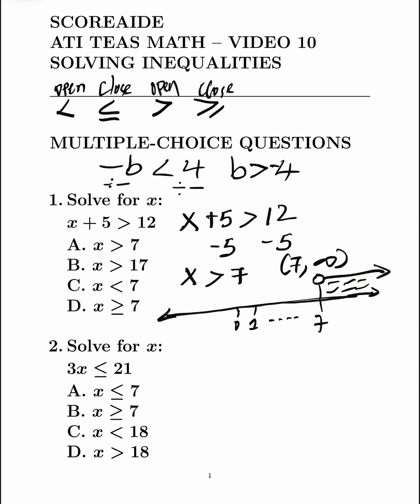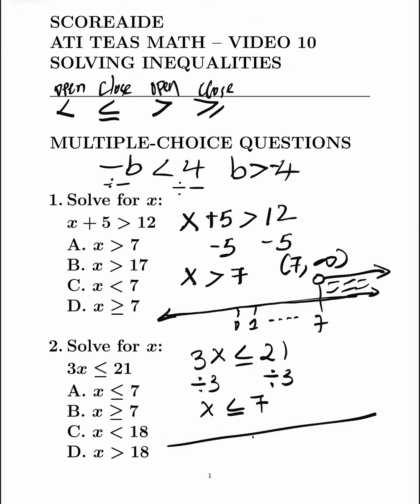Now, let's look at question 2. Solve the inequality 3x is less than or equal to 21. In this case, we divide both sides by 3, and x is less than or equal to 7. Now, let's represent this using a number line, from negative infinity to infinity.